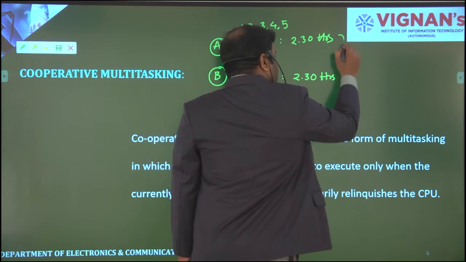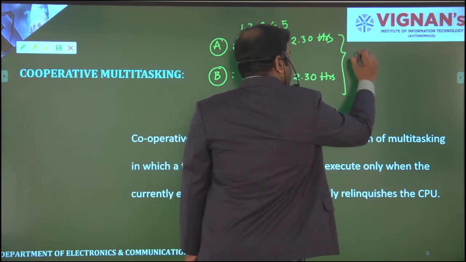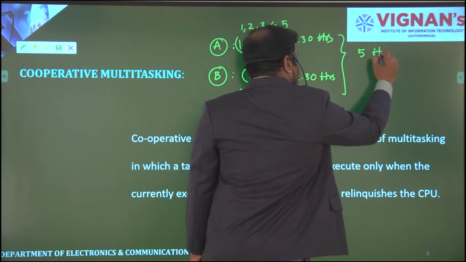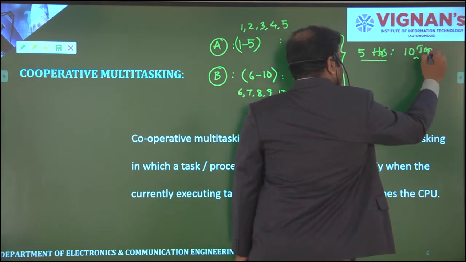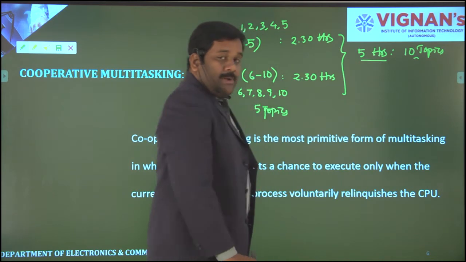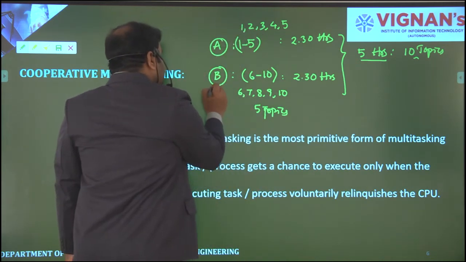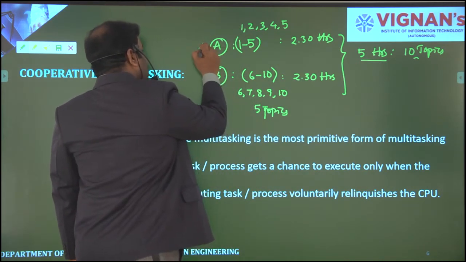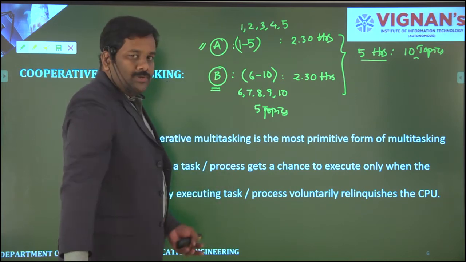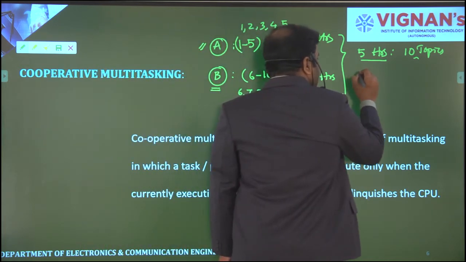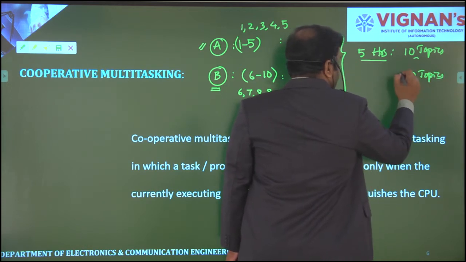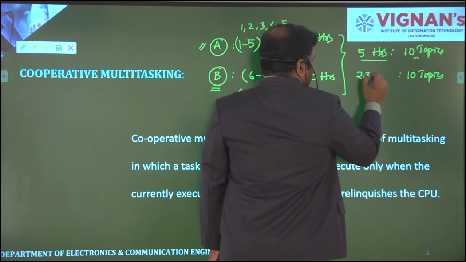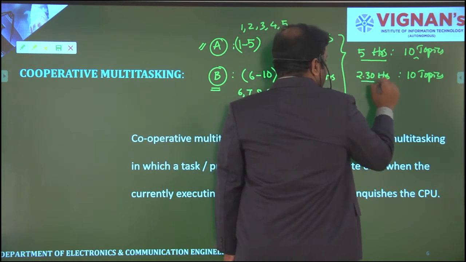Means on an average basis, previously each student took 5 hours to complete 10 topics. But by cooperating, student A with student B, they have finished the same 10 topics in 2.5 hours only.